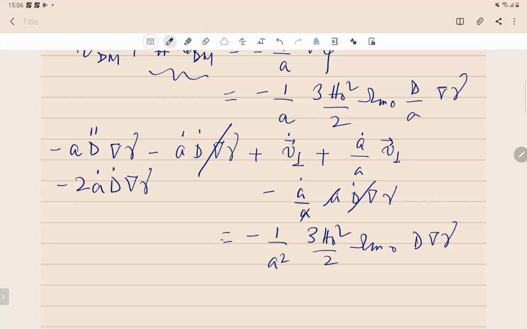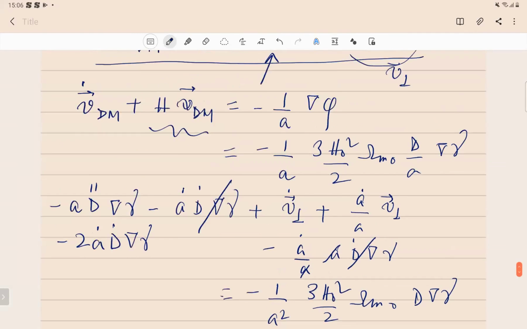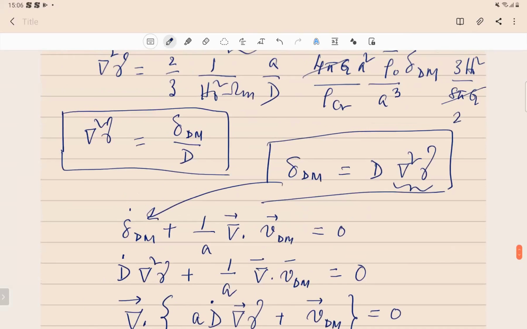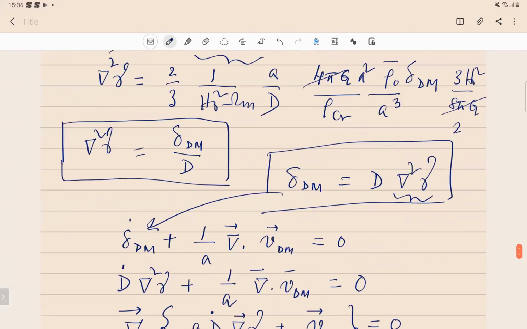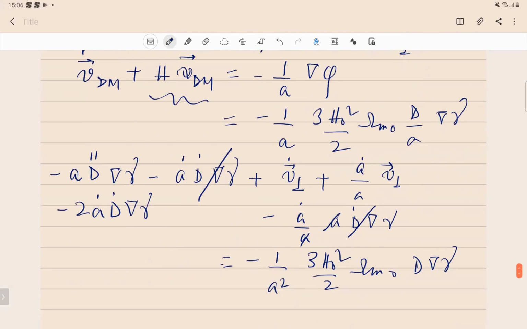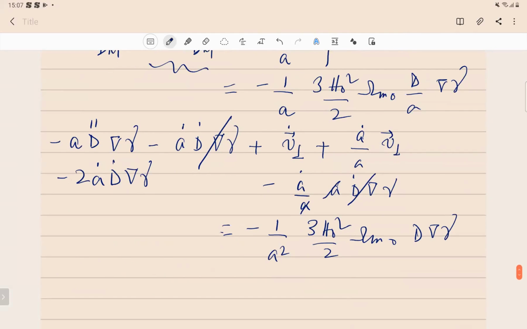And then if you remember, we have already written this expression. Where did I write? Just a minute. Right. So you can use the expression for d dot, which is known to us. So let me again write this down.